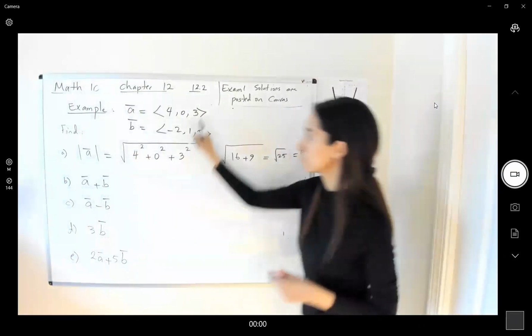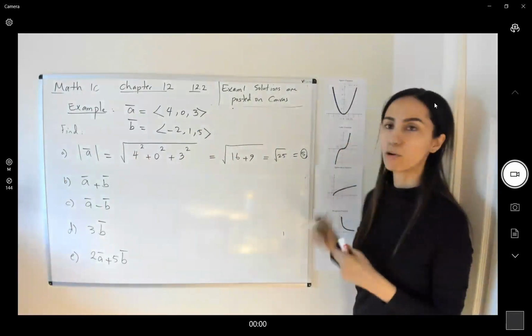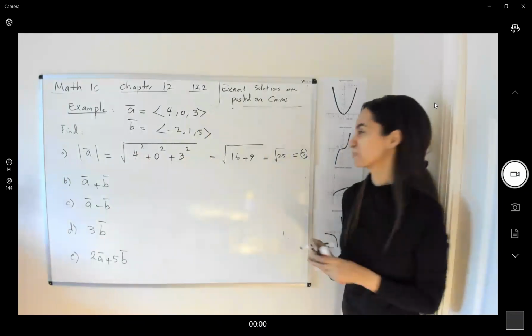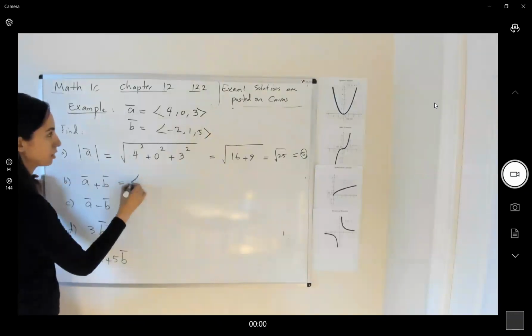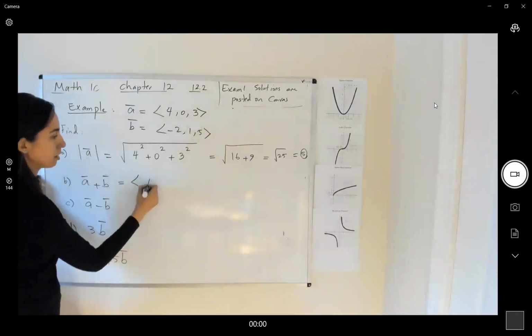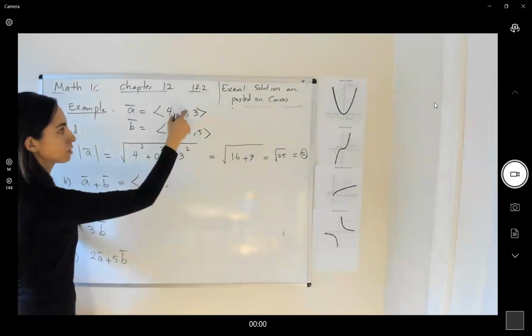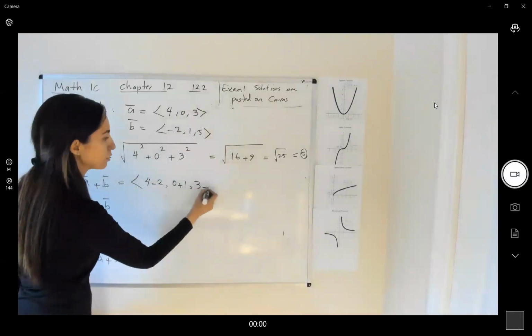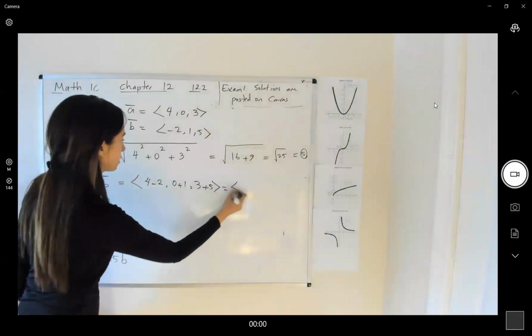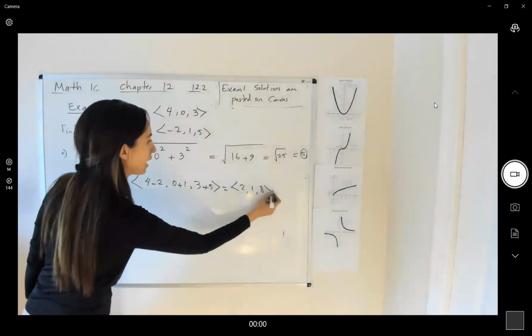So the magnitude of the first vector is equal to 5 units. What's the sum between these two? The sum between x values, sum between y values, and sum between z values. This is 2, 1, and 8.